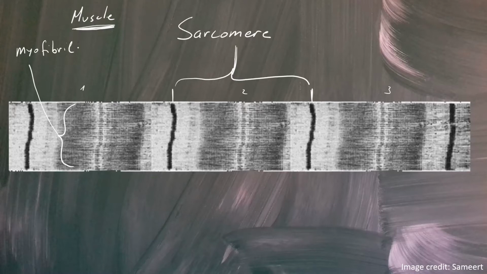What you're going to see as well is that there is an alternation of light and dark areas. This dark gray area here in the middle is known as a dark band. And from here to over here, that is known as a light band.